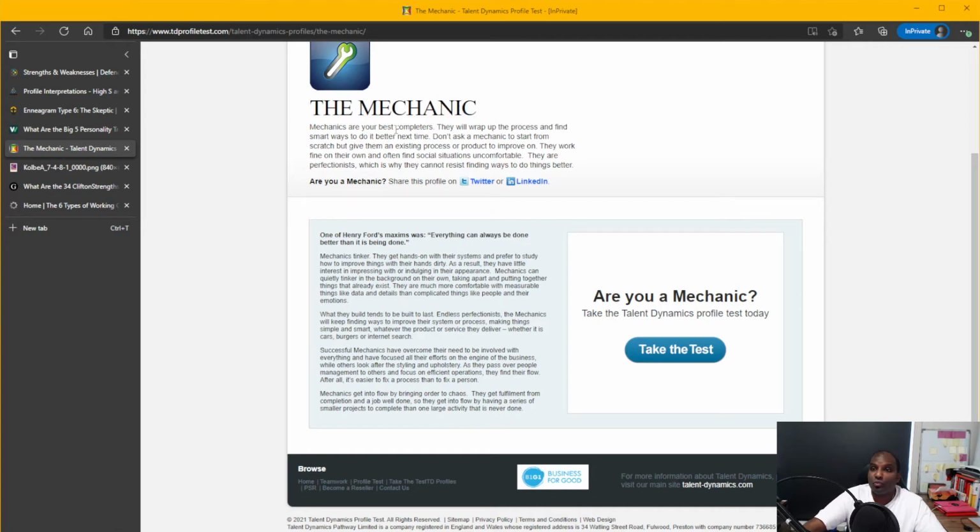But if you're working in an organization where it's a startup and they need things to move fast, as a mechanic, people might feel like you're not living up to the pace at which you need to be working. And that's where you need to probably work with your manager to make them understand that, look, you're the kind of person who ensures that things don't blow up.